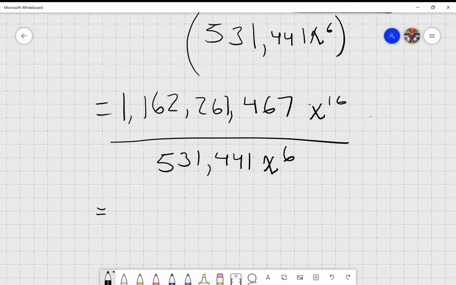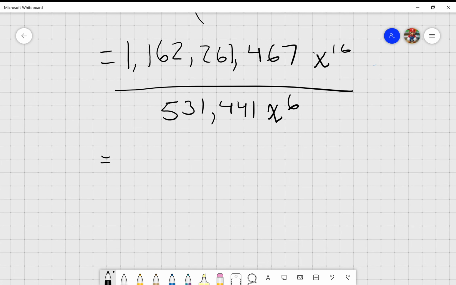Okay, now we have come to another exponent law. In this case, it is the quotient rule. Quotient rule is basically when you are dividing two variables with exponents, you subtract them. So first let's solve for our coefficients.